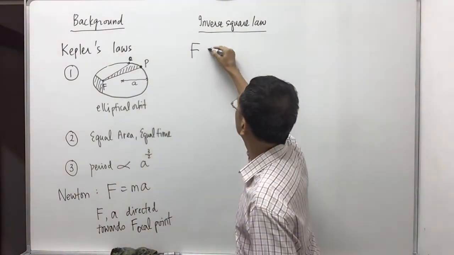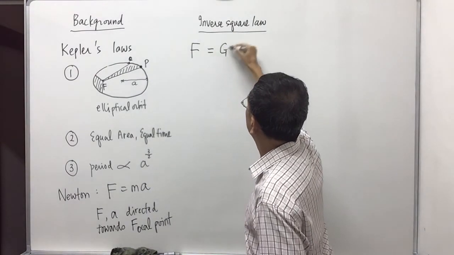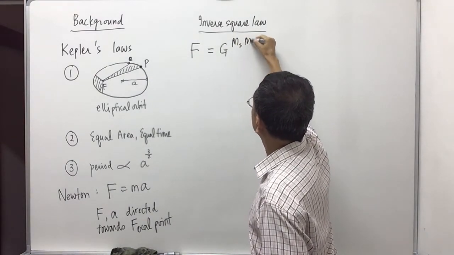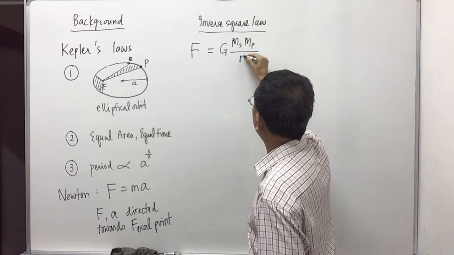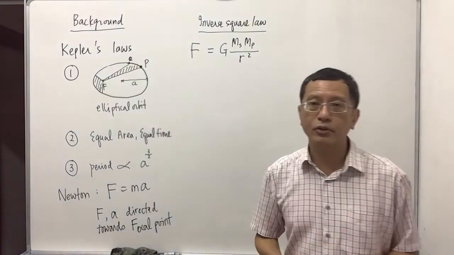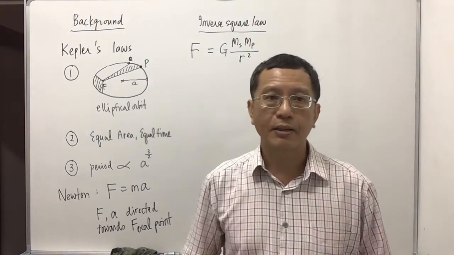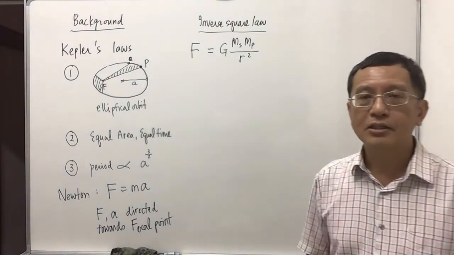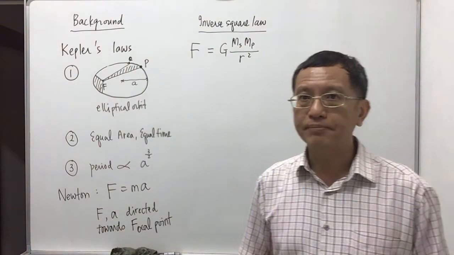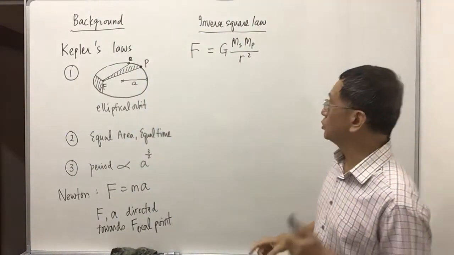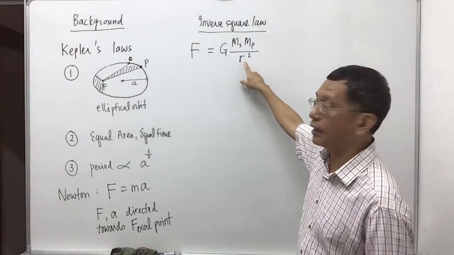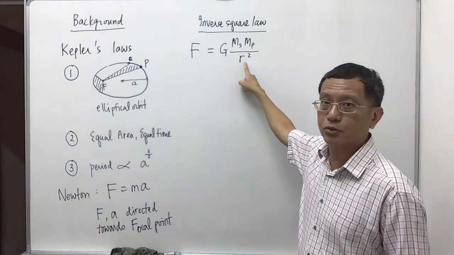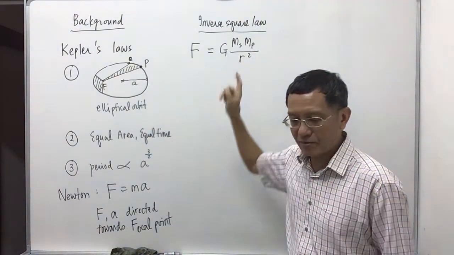So we can write this law as G, mass of the sun, mass of the planet, divided by r squared. G is what we call the gravitational constant. Now, what we want to do today is to understand how this 1 over r squared law comes about. And it is very interesting.